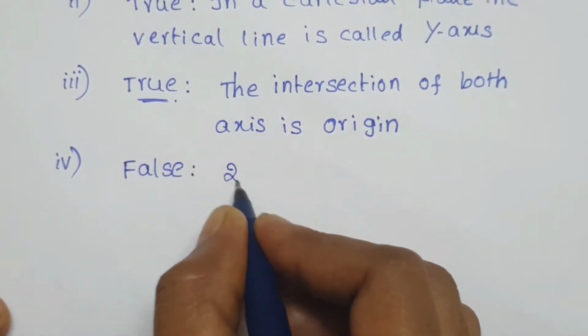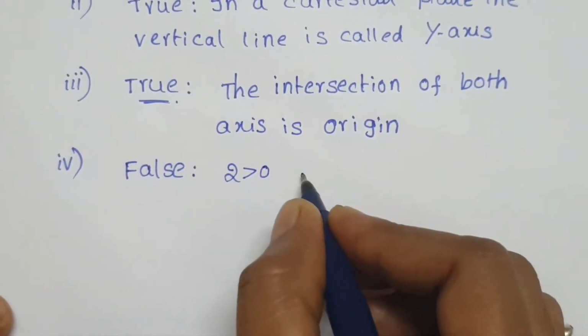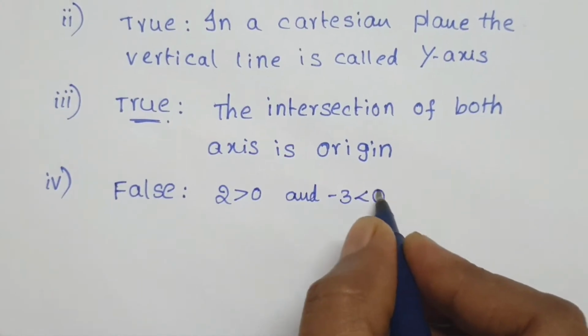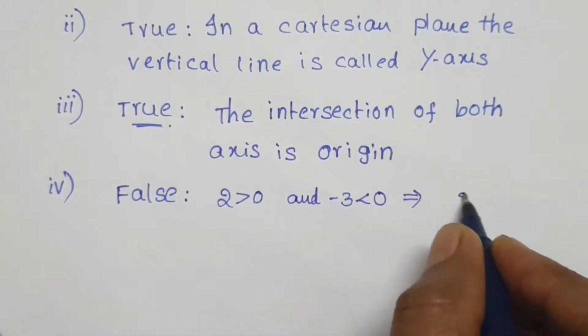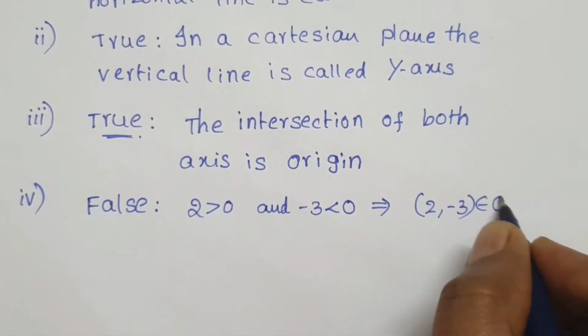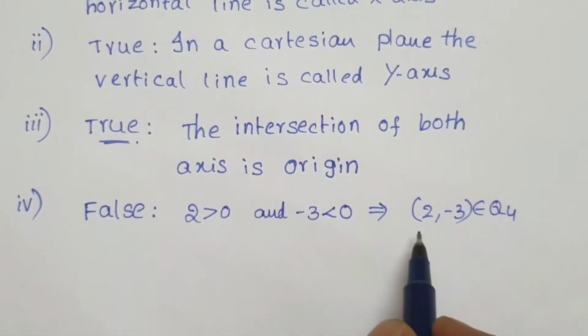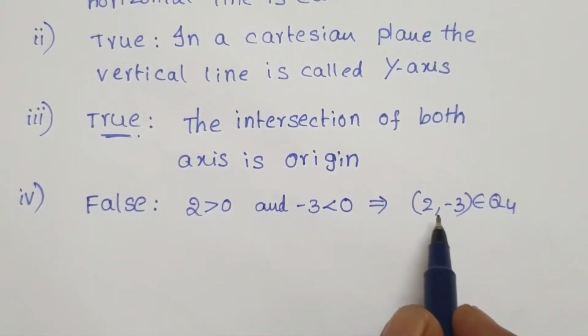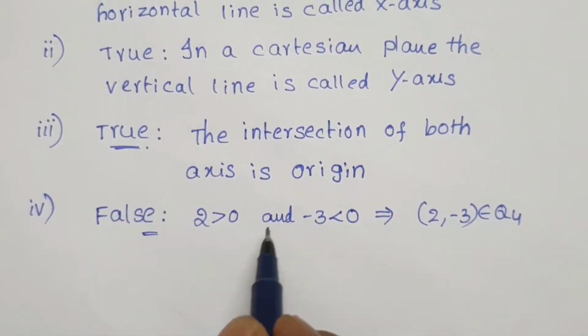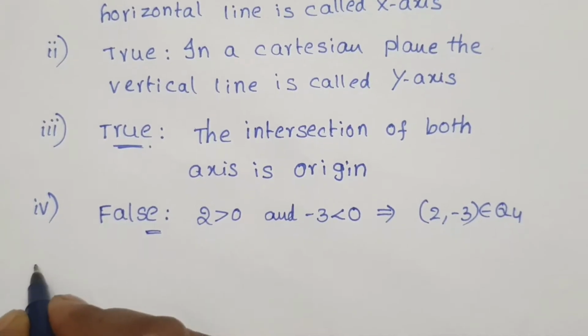Why? Because 2 is greater than 0 and -3 is less than 0. This implies (2, -3) belongs to Q4. But they say (2, -3) is third quadrant. That is false. This is in Q4, fourth quadrant.